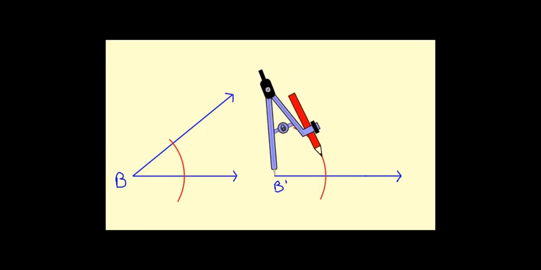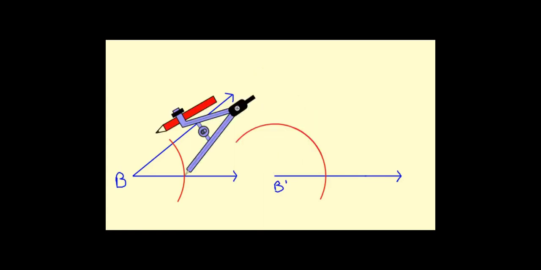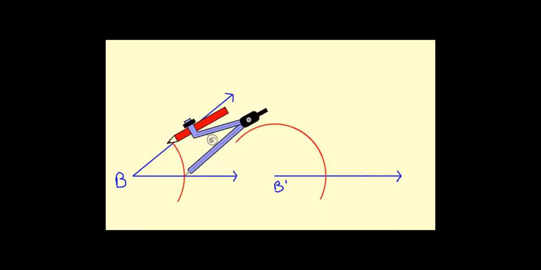Okay, now our job is to measure the opening in our first angle using the compass. I'm going to put the point where the arc intersects the bottom ray, and then adjust my compass so that it measures the opening of that angle.